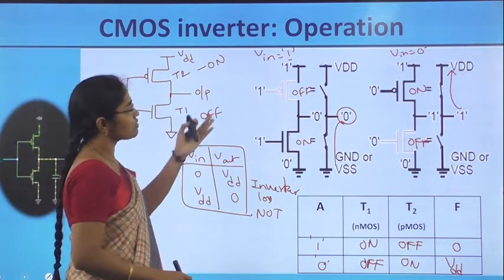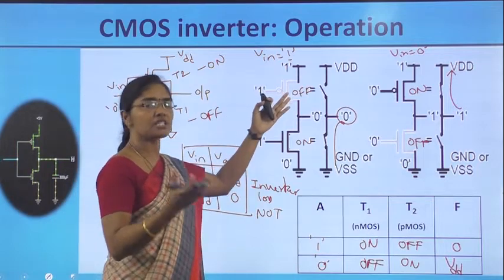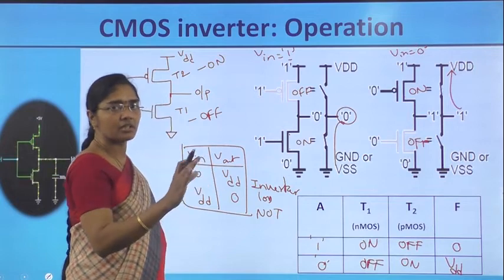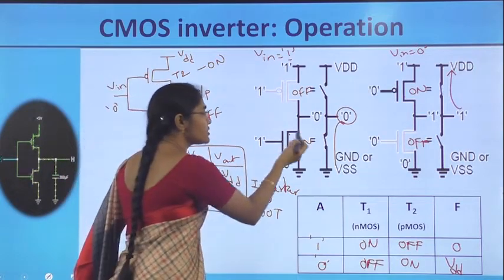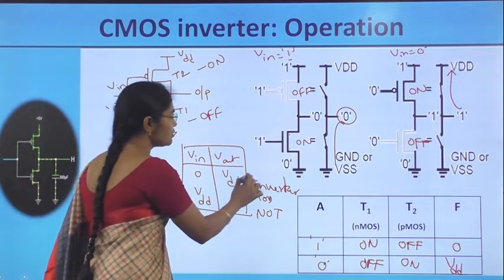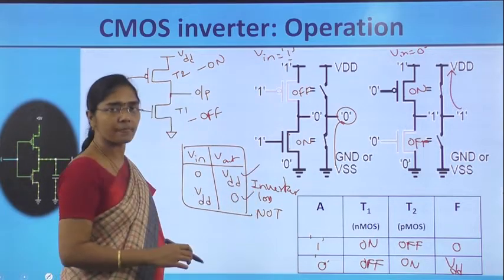And because of having the PMOS in the pull up, it produces full logic VDD, and because of using the NMOS, it produces full logic 0. So both values are full swings.